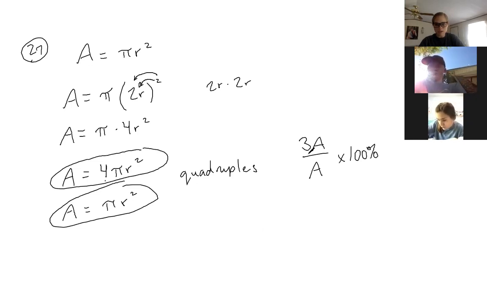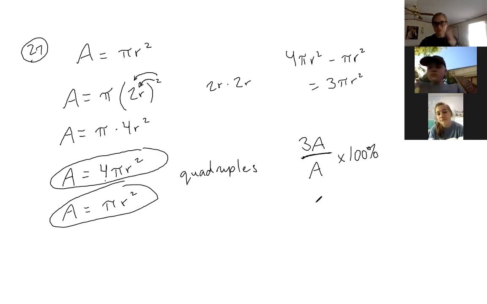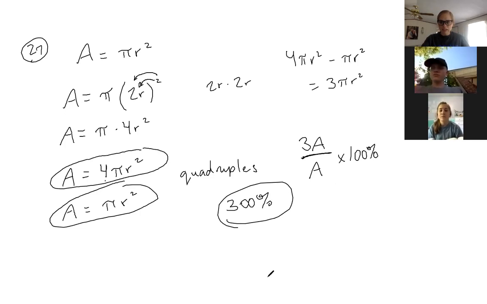So 4 pi r squared minus pi r squared, that's 3 pi r squared. So 3 times the area over what was the original area, just the area, times 100%. So that's 300% is how much it's going to increase. Ooh, that one came out from a lot.